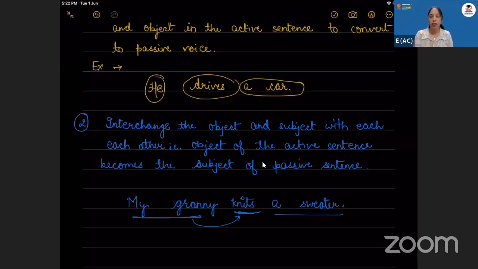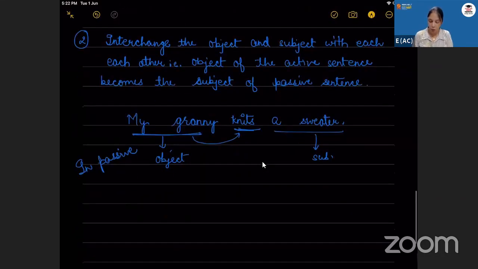When we convert it into passive voice, the subject will become object and the object will become subject. A sweater is knitted by my granny.